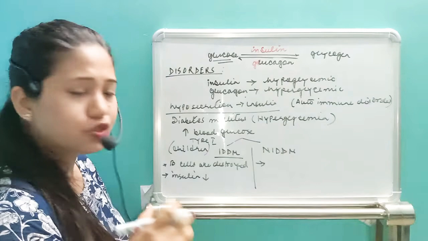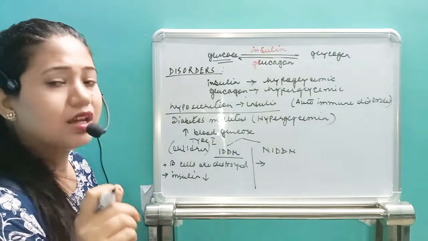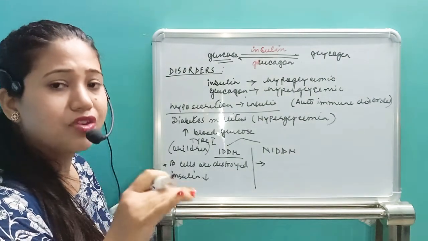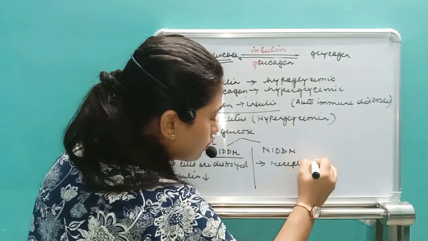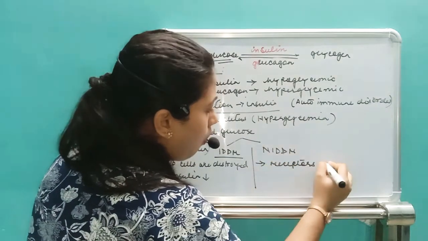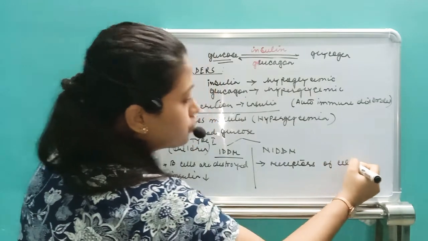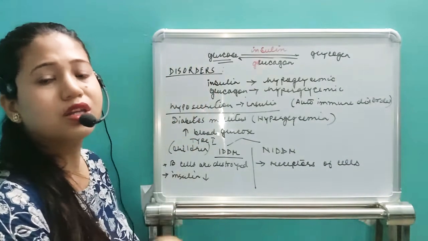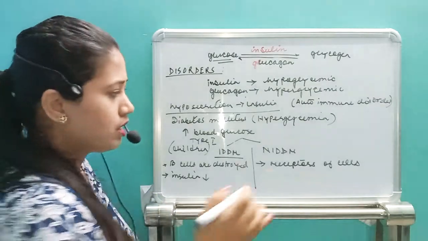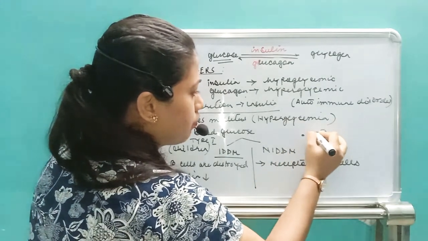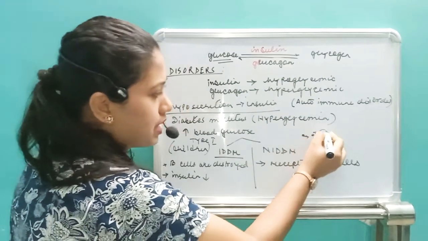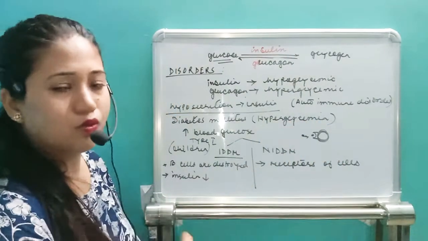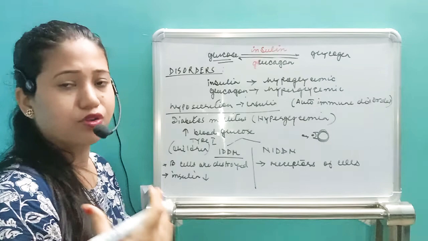In NIDDM, the cells have receptors, and the receptors which bind with insulin are destroyed. Suppose this is insulin; here we need to have the receptors. The insulin binds to the receptors, then the cell gets the information that glucose has to be taken and converted to produce energy.